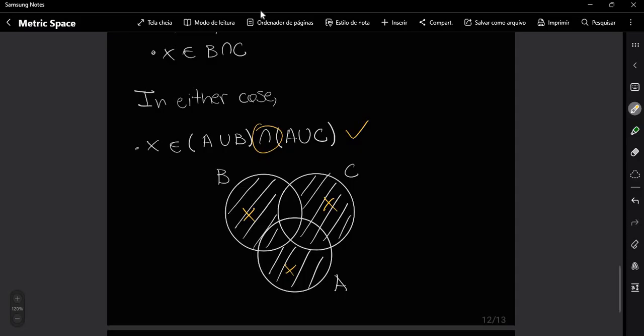So instead of x being on the sets, because of this intersection, it will be on this region.